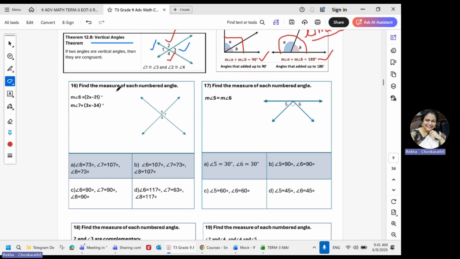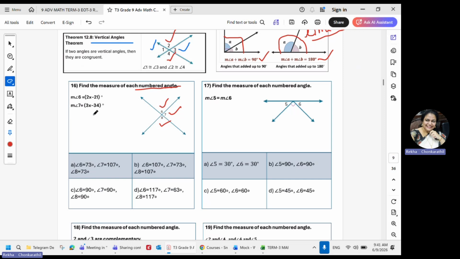Now here, find the measure of each numbered angle. Remember, numbered angle means it's not just finding the value of x. After finding the value of x, you have to find how much is a measure of angle 6, 7 and 8. From the figure, you can make out that angle 6 and angle 8 are vertical angles and they are congruent.